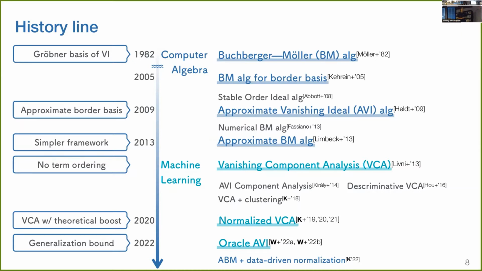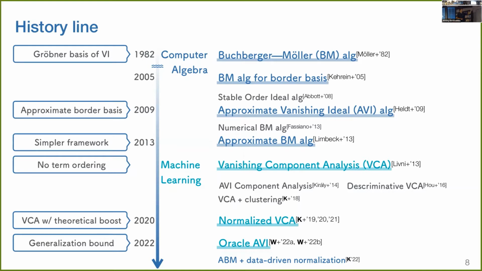Okay, and then you can see there's some green part, which is the machine learning part. At the beginning, this kind of topic was developed in computer algebra, but Livni introduced this notion into machine learning, and actually this VCA, Vanishing Component Analysis paper, got awarded as best paper award or best student award, I forgot, but anyway some kind of best paper at ICML, one of the top conferences in machine learning.